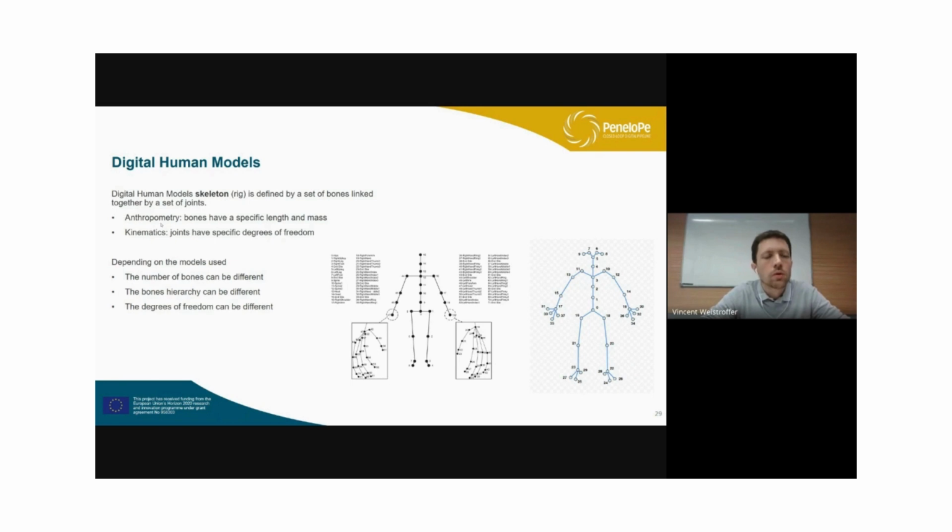And also each joint has specific degrees of freedom. So this is called the kinematics of this tree. As we see, each digital human model can have a different number of bones, a different hierarchy, and also different degrees of freedom.